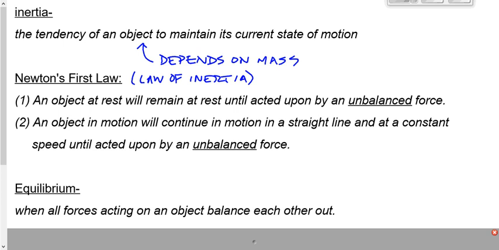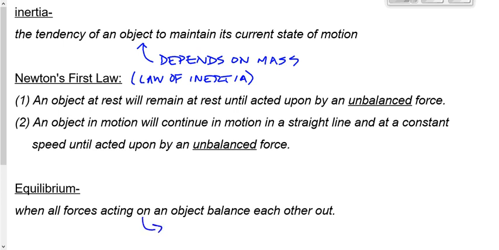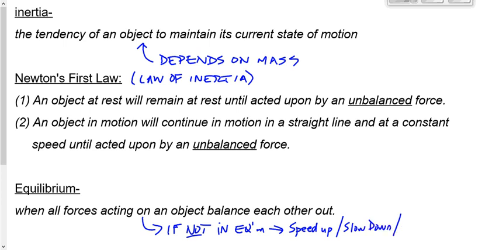If it's not in equilibrium, then what's going to happen? If the forces are not balanced, then it's going to either speed up, it's going to slow down, or it's going to, what's the third one?